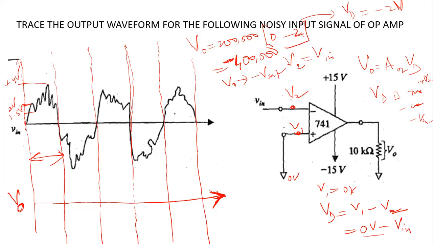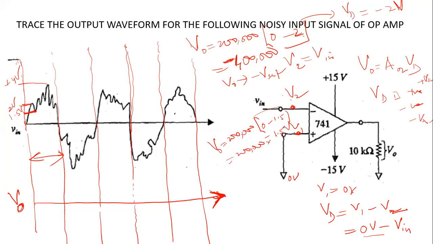Now, at this point, it is, let's say, 1.5 volt. Even if that is 1.5 volt, your output voltage will be 200,000 into 0 minus 1.5 volt, which is 200,000 into minus 1.5 volt. So the difference voltage is a certain negative value.